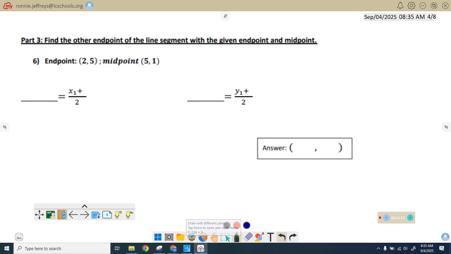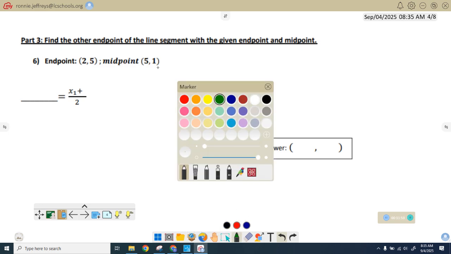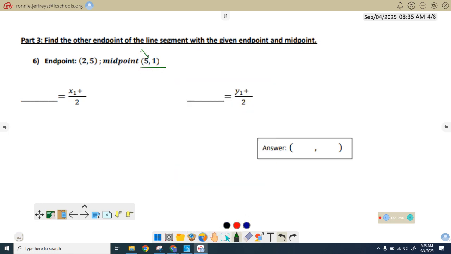So, this is the midpoint. This is my X and this is my Y. So this 5 would go here, this 1 would go here. This 2 would go here, this 5 would go here. Now I can solve. Okay? All this is being divided by 2, so I multiply by 2.